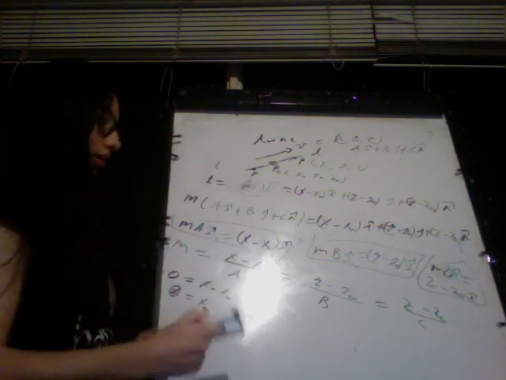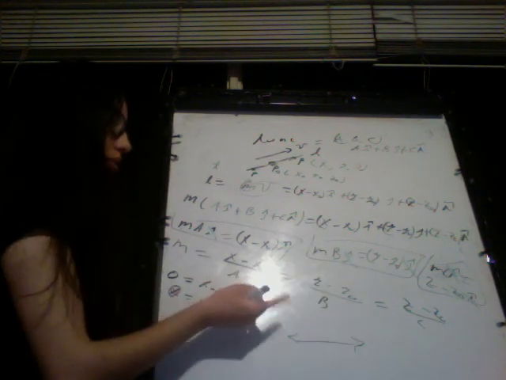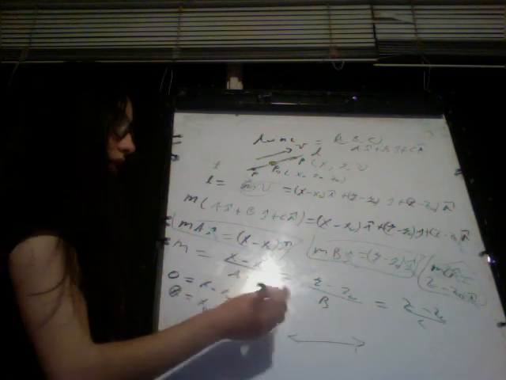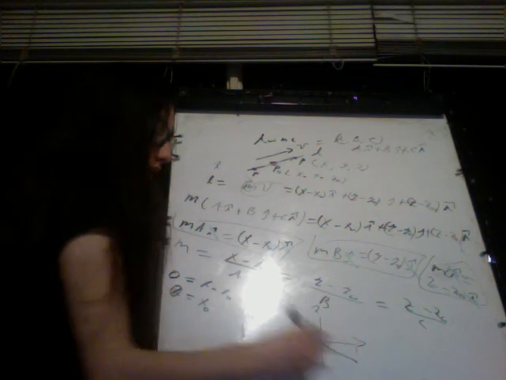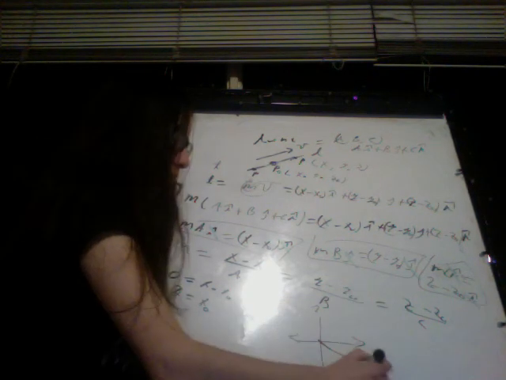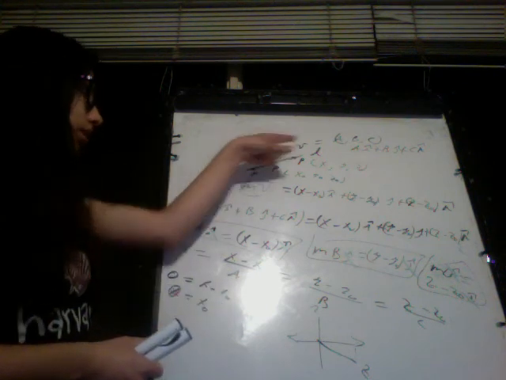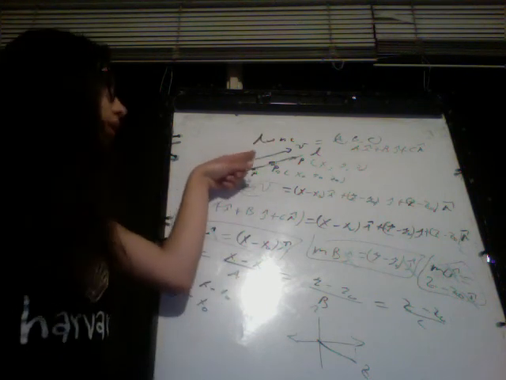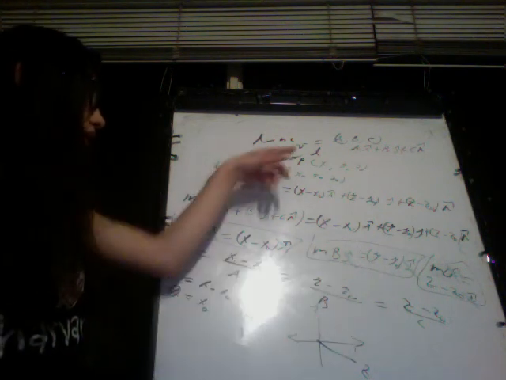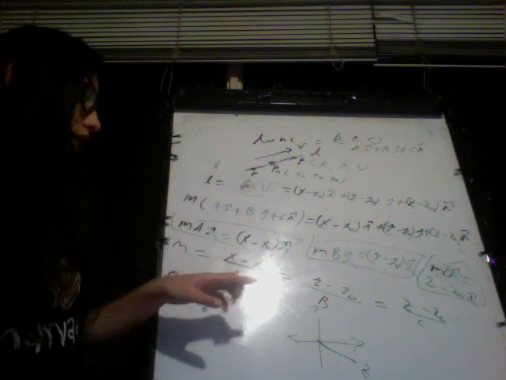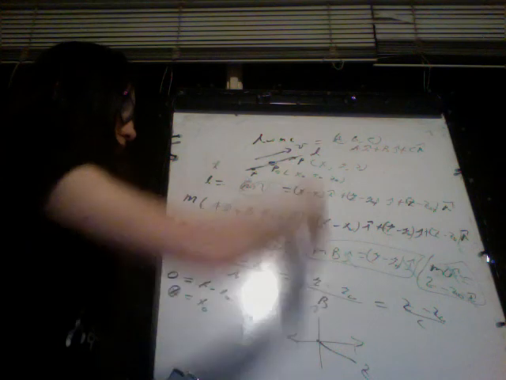If I have here x in this direction, y in this direction, and z in this direction, because B has 0 component in the x direction, this means that this vector is in the yz plane.